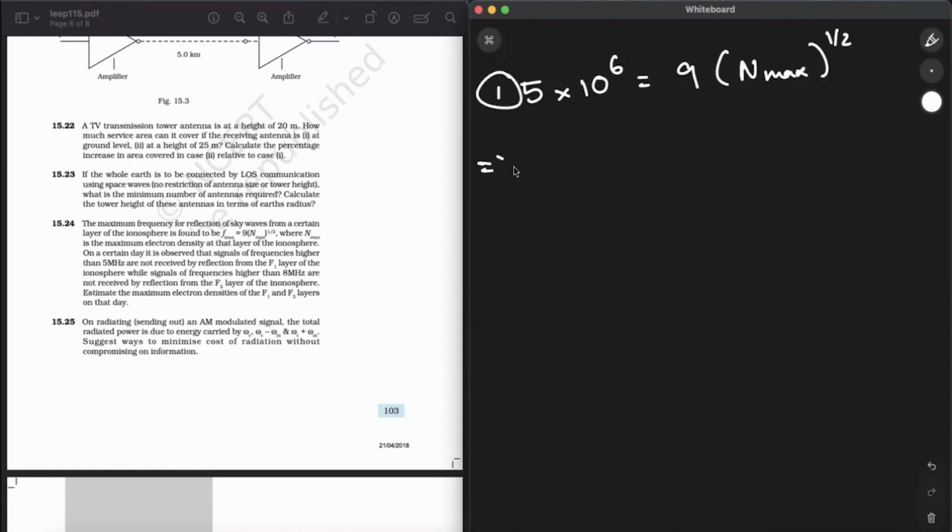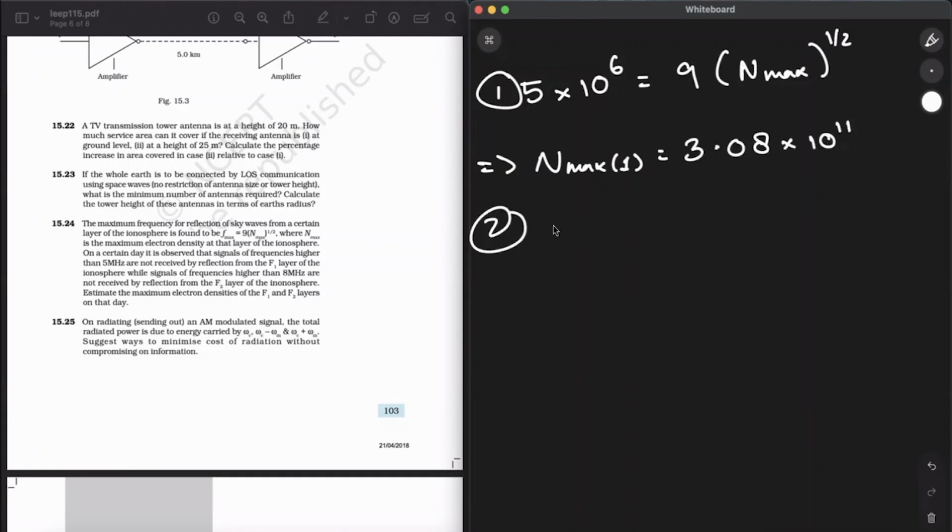So we will calculate this. 5 into 10 to the power of 6 divided by 9, and the answer squared is 3.08 into 10 raised to the power of 11. So my value for N max for layer 1 is 3.08 into 10 raised to the power of 11.